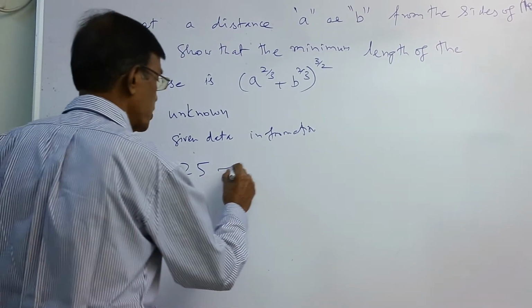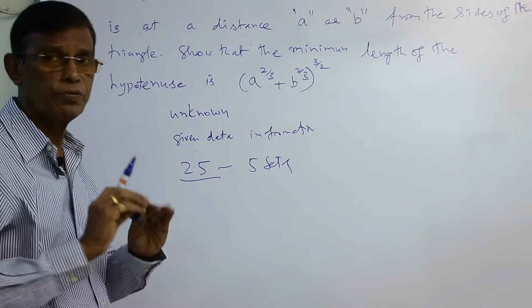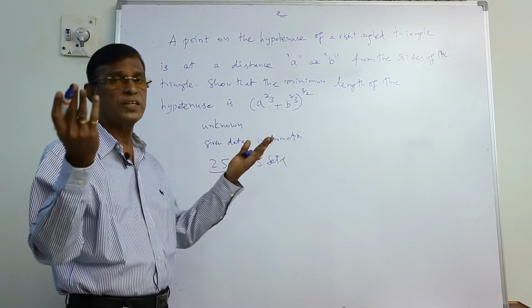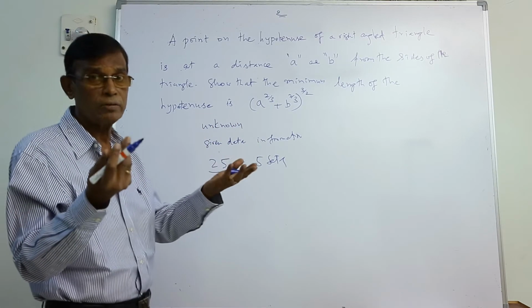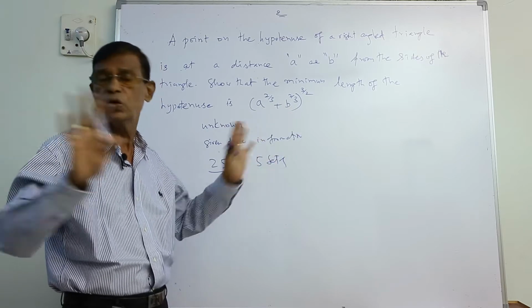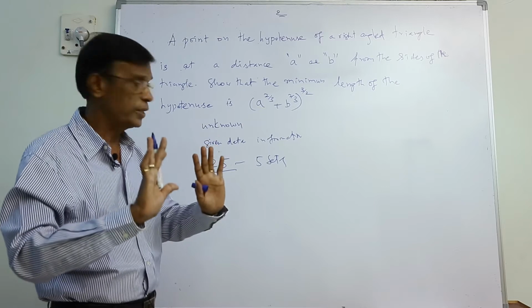Not all 25 problems are entirely different from each other. Suppose 1500 problems are in the book, is it that all 1500 problems are entirely different from each other? No. They have got something common, they can be grouped together. I will come to that afterwards.